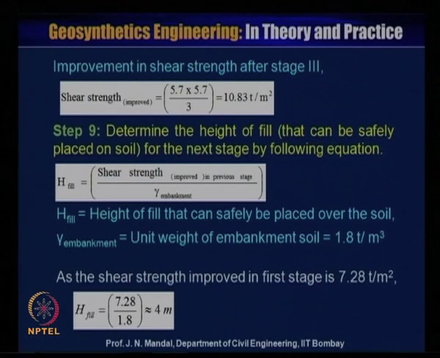Improvement in shear strength after stage 3: shear strength improve is equal to 5.7 into 5.7 divided by 3, which is 10.83 ton per meter square.